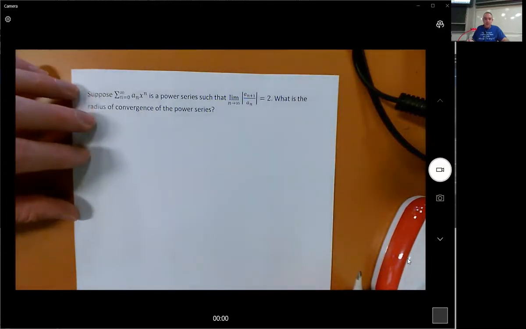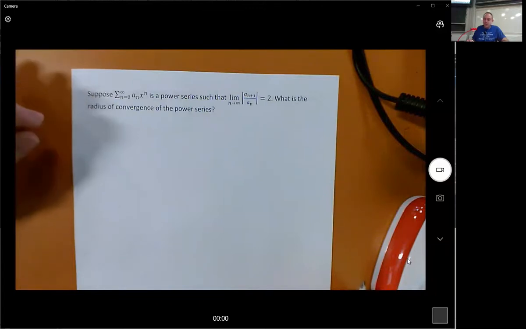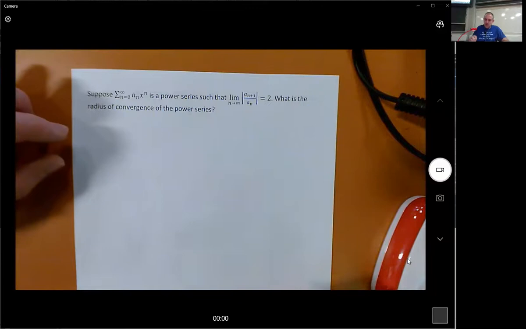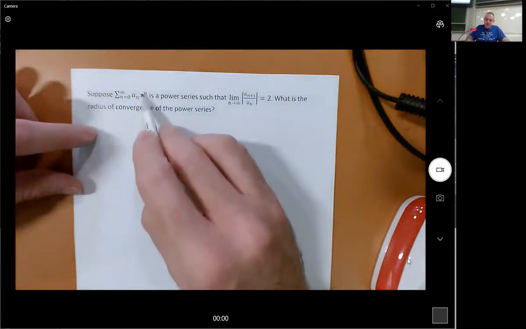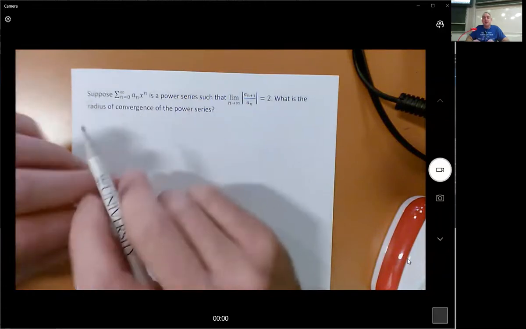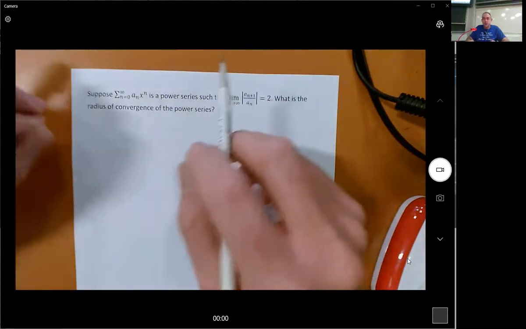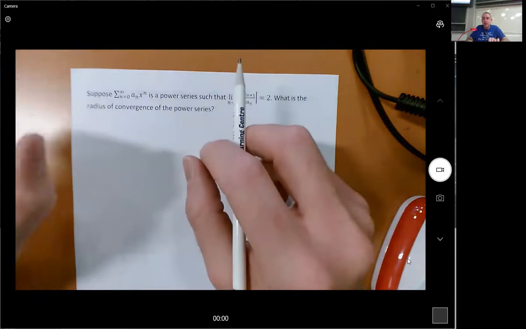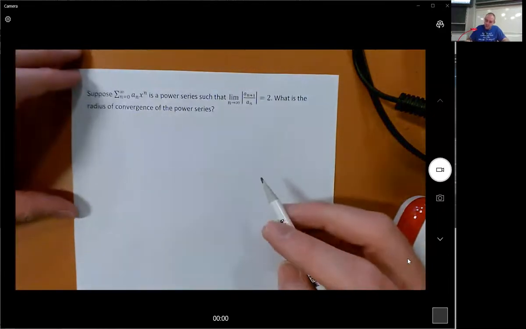A power series has, okay, what is the radius of convergence? That would mean there's a set of x's for which this definitely converges. And that set of x's is called the interval of convergence, and the width of that is the radius of convergence.